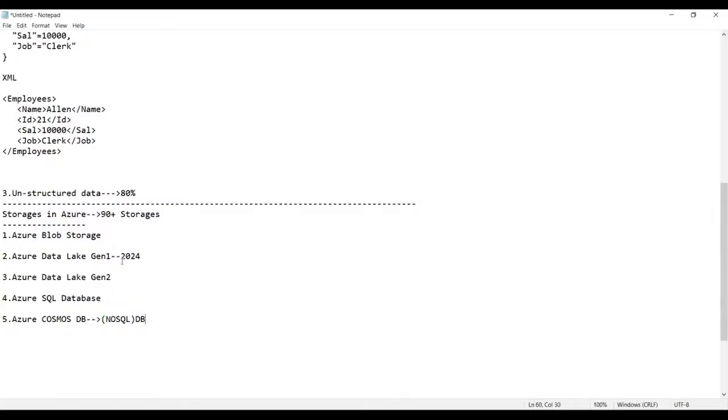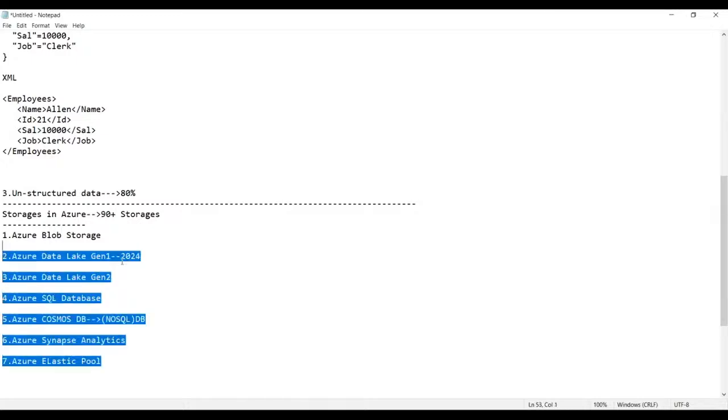And then, apart from this, we have Azure Synapse Analytics. Likewise, you can have Azure Elastic Pool. That's it, okay, guys.